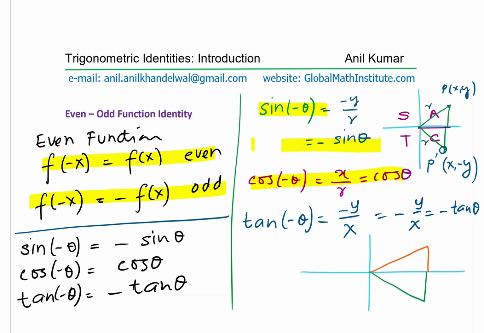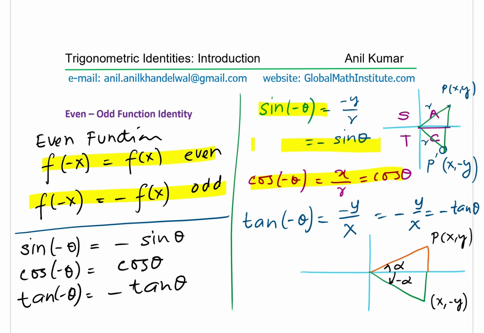Any particular point here will be, let's say, P as (x, y). Then its reflected point will have the same x value, but y becomes negative. So if this is alpha for us, then that is minus alpha, correct? Because you're going in the clockwise direction.